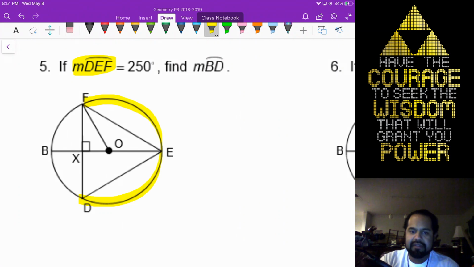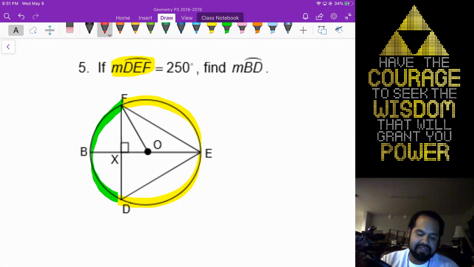So there we go. From here, we recognize that the full circle has to add up to 360. So this arc right here is going to be 360 minus the 250.